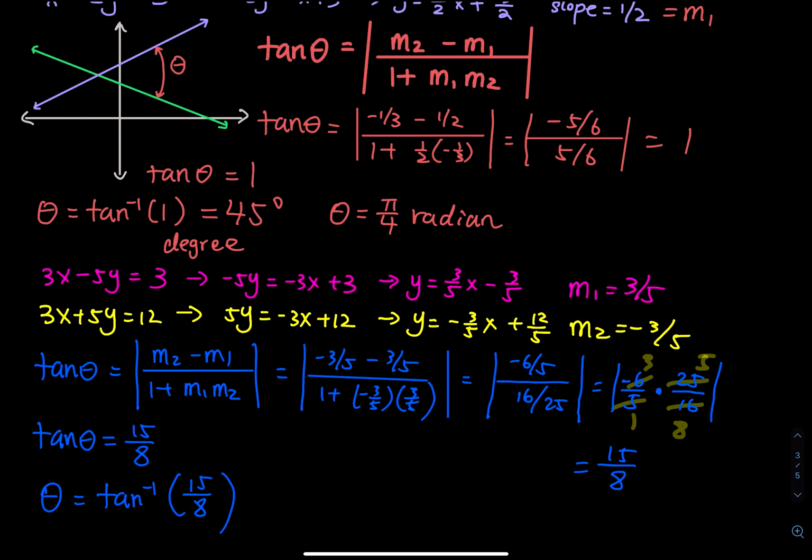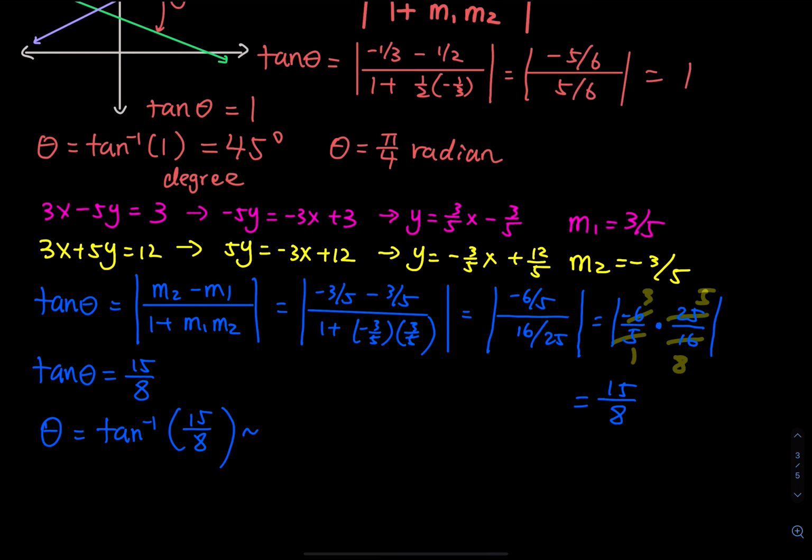In order to get the inverse tangent, you click second, the blue key, and then you click tangent. Then you type 15 over 8. In degree mode, that is going to give you approximately 61.9 degrees.